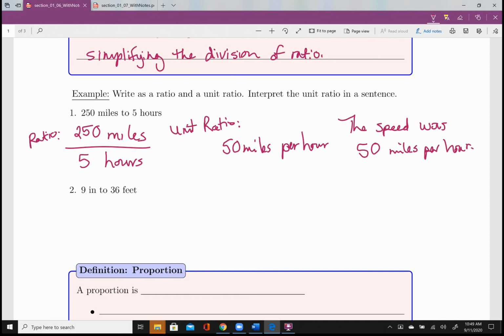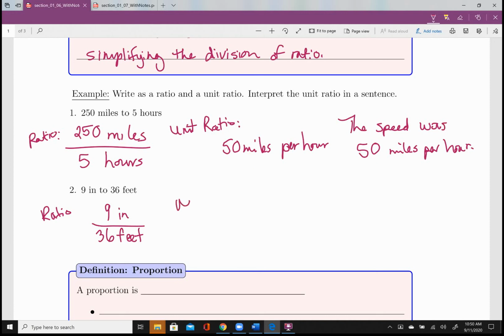Okay, cool. So let's go ahead and talk about this second example in which we first set up the initial ratio in which we just plop the first thing mentioned in a numerator space, that's 9 inches, and the second thing mentioned just gets put in a denominator, 36 feet. All right, so then we want to actually divide or simplify this as much as we can.